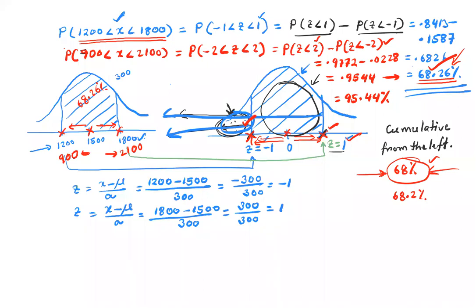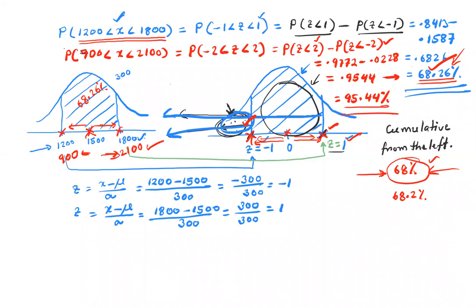So remember, I told you if you go 2 standard deviations to the right and 2 standard deviations to the left of the mean, you include roughly about what? 95% of the data. That's the second part of the empirical rule. If you go 2 standard deviations instead of 1 from the mean, by going to 2100, you go 2 standard deviations to the right.